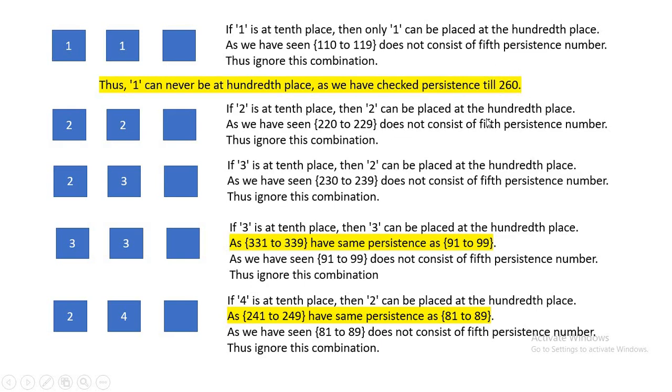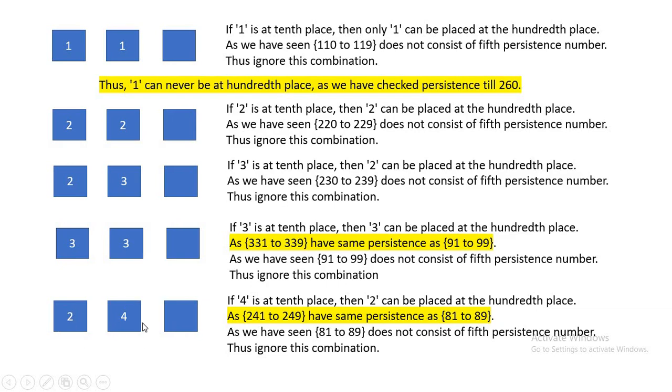So this also does not consist of a number of persistence 5, and this combination needs to be ignored. 230 to 239 is also lying below 260. 330 to 339 is lying above 260, but 331 to 339 have the same persistence as 91 to 99, since 3 times 3 is 9, and this is lying below 260. So this combination is also ignored.